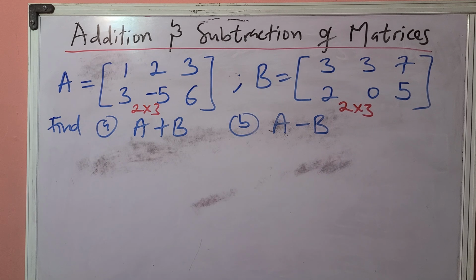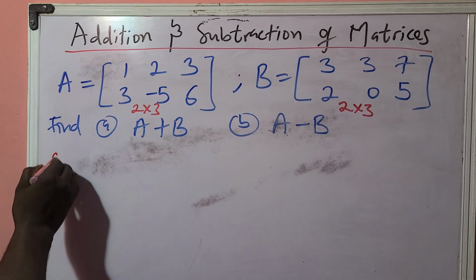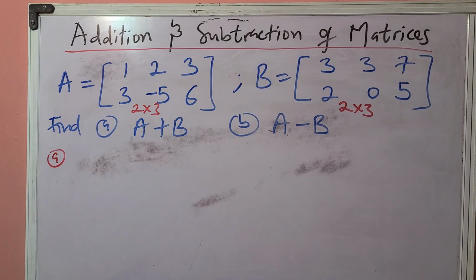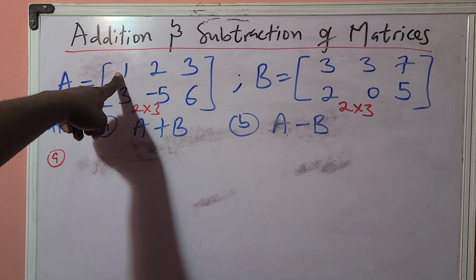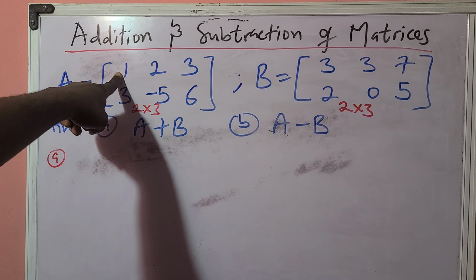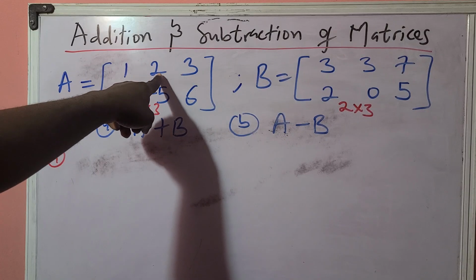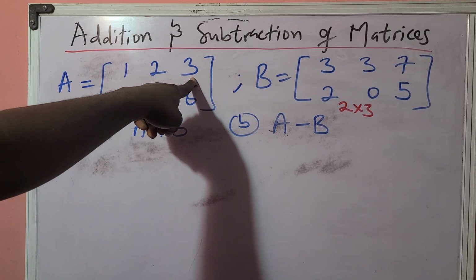Now, in order for us to add two matrices together, what we have to do is pick up each element. This is row 1, column 1. This is row 1, column 2. This is row 1, column 3.